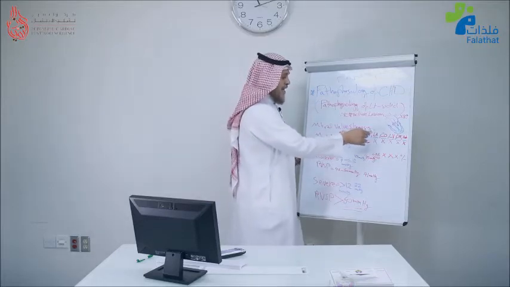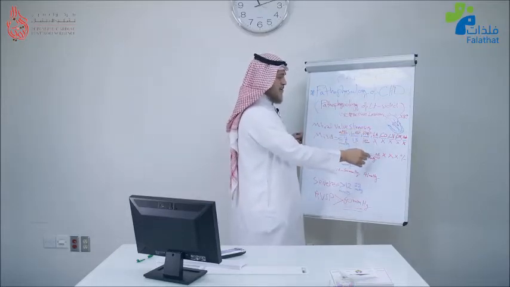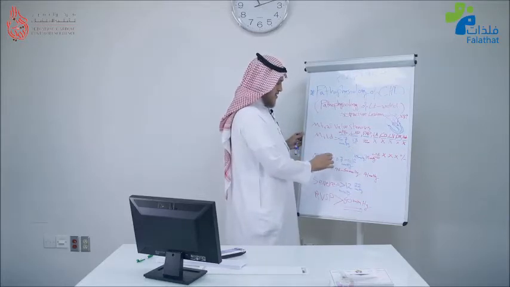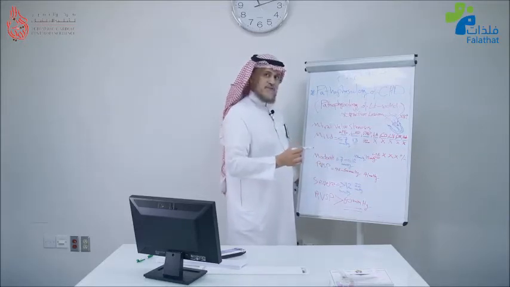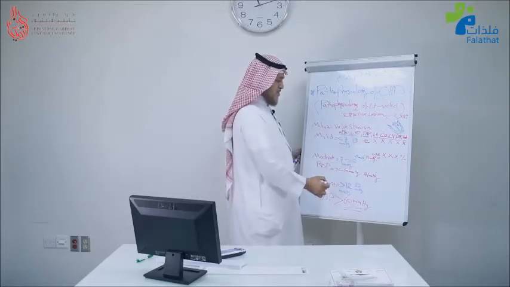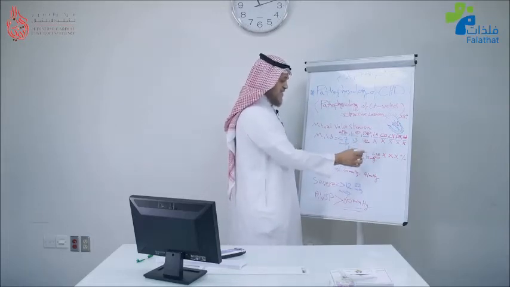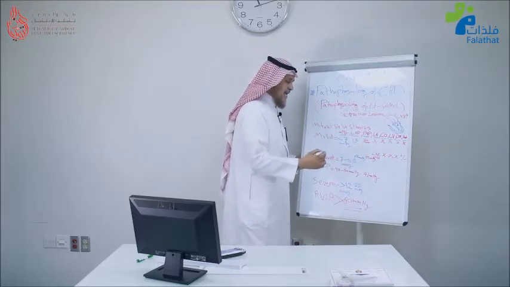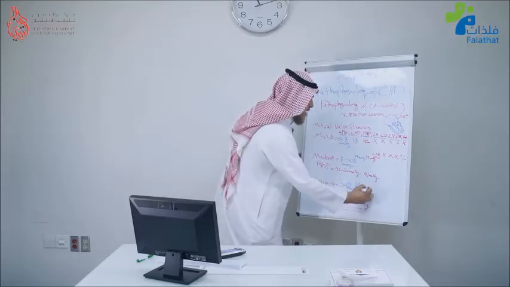So LA size, we said there is mild to moderate LA enlargement in moderate mitral stenosis. Obviously now in severe mitral stenosis, there will be at least moderate to severe LA enlargement or LA dilatation.